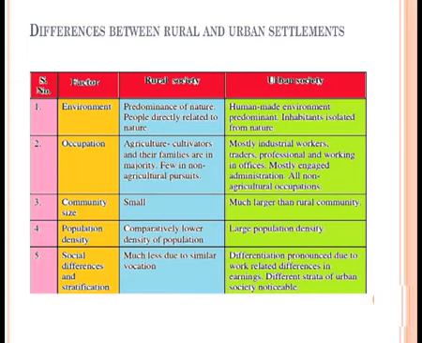Second one is occupation. Agriculture cultivators and their families are in the majority in rural society, with few in non-agricultural pursuits, while in urban society most are industrial workers, traders, professionals and people working in offices, mostly engaged in administration, all non-agricultural occupations. Third is community size. In rural society it is small, and in urban society it is much larger.